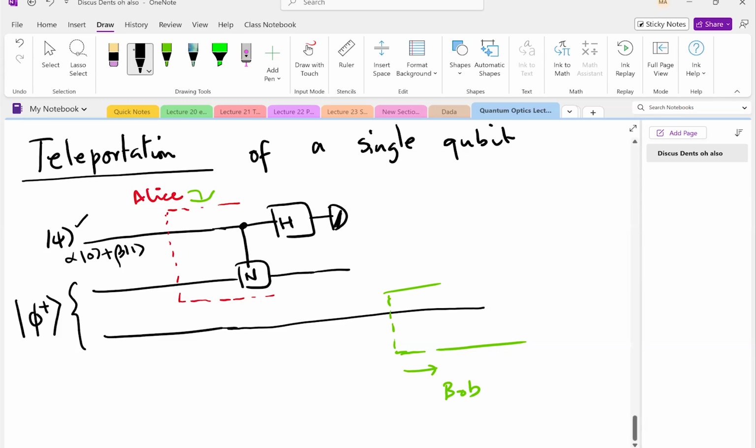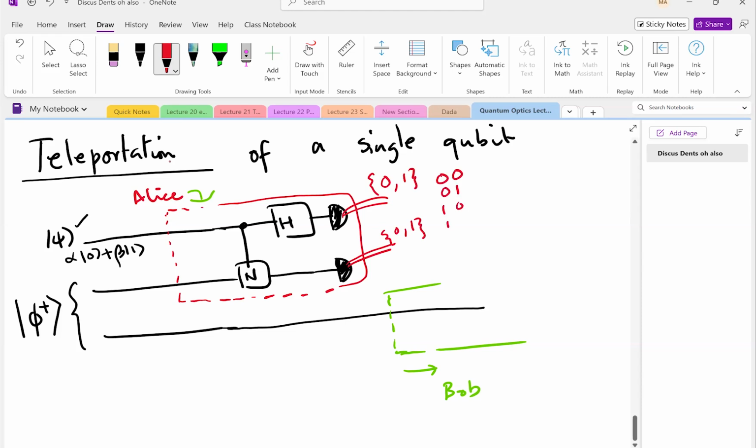So then Alice does a measurement. She has detectors, possibly single photon detectors, and she gets certain outcomes. On each detector, she gets 0 or 1. So there are four possibilities: 0 0, 0 1, 1 0, 1 1.